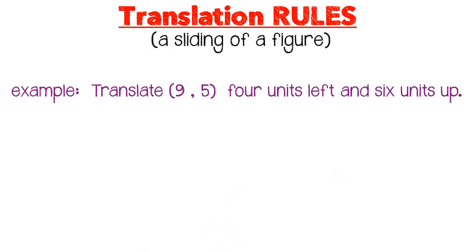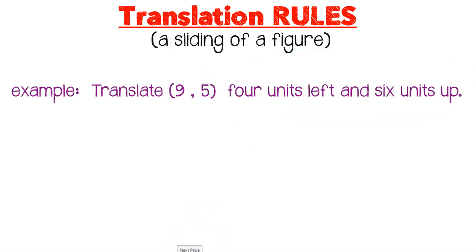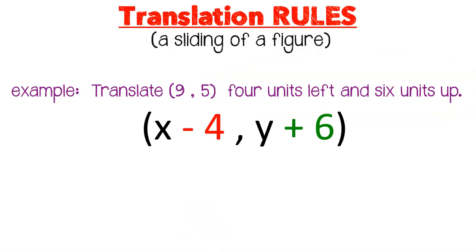All right, let's try an example. Let's translate the coordinate (9, 5), 4 units left and 6 units up. This is written in English. So if we want to write it in math using mapping notation, we're going to talk about whether we're going to add or subtract those numbers. 4 units to the left means you're going to subtract 4. 6 units up means you're going to add 6.